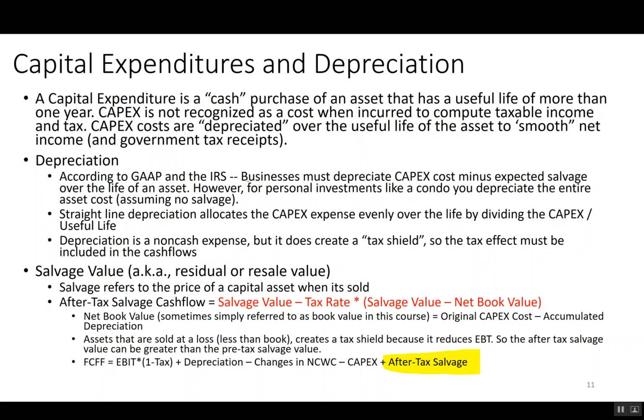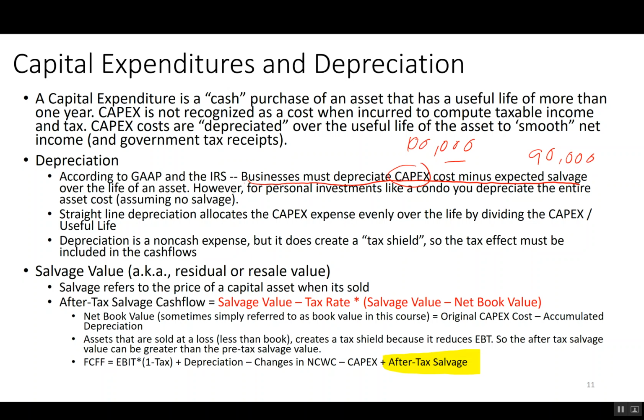Now, a little technical note with accounting here. When businesses depreciate CapEx over the life of an asset, they depreciate the difference between the CapEx and the expected salvage, what they sell it for. So in our example here, we're going to spend $100,000 today, and we expect it to be worth $90,000 in 10 years when we sell it.